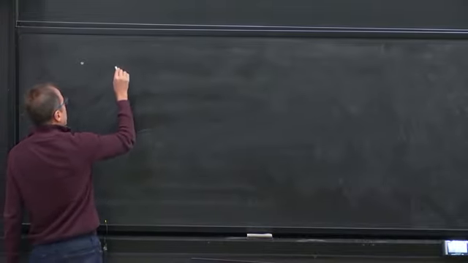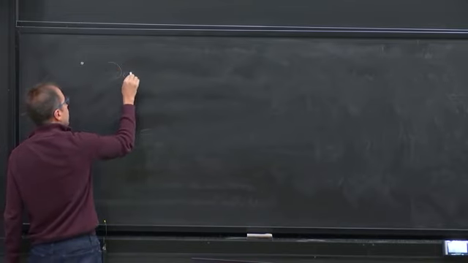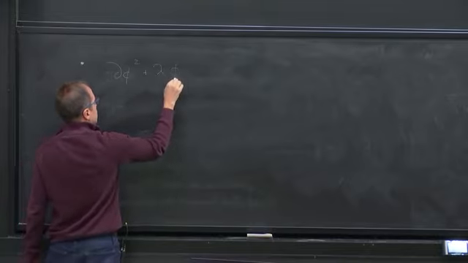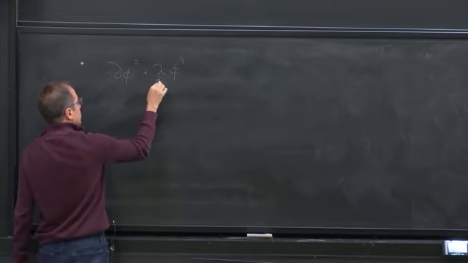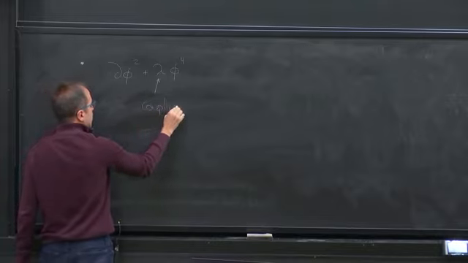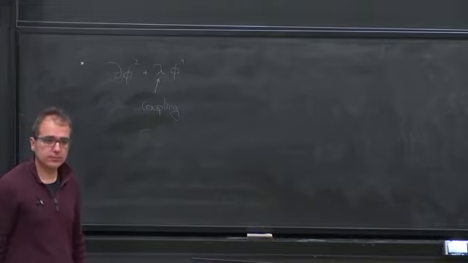Okay. So let me first make one small comment before starting, which is suppose I have a weakly coupled scalar with a phi to the 4 interaction, right?